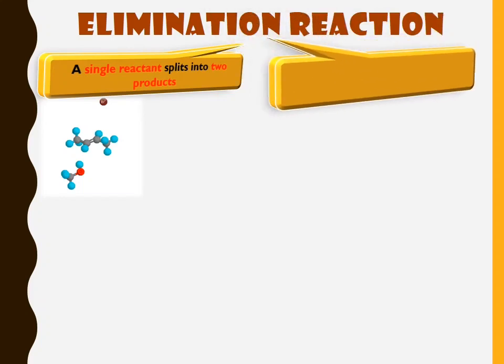So actually elimination reaction is a method for preparing compounds with double and triple bonds. I will show you the example here. I choose the same product that we used in addition reaction, the product that I took from addition reaction just now.